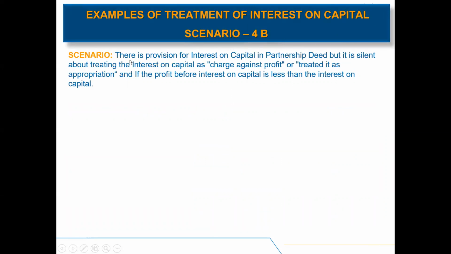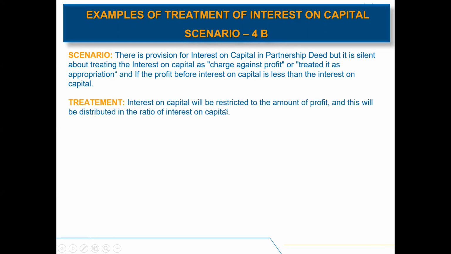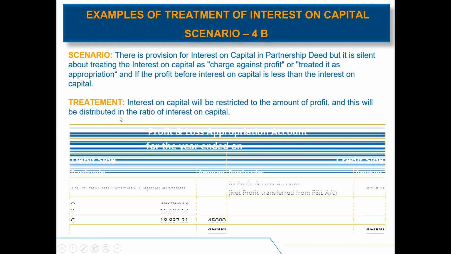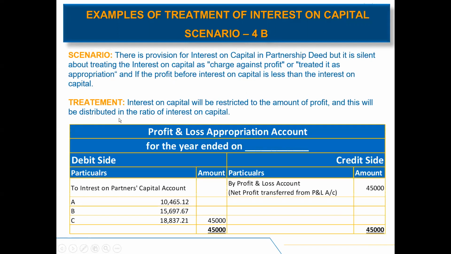If we talk about the next scenario, there is provision for interest on capital in partnership deed, but it is silent about treating the interest on capital as charged against profit or treat it as appropriation. And if the profit before interest on capital is less than the interest on capital, interest on capital will be restricted to the amount of profit, and it will be distributed in the ratio of interest on capital.